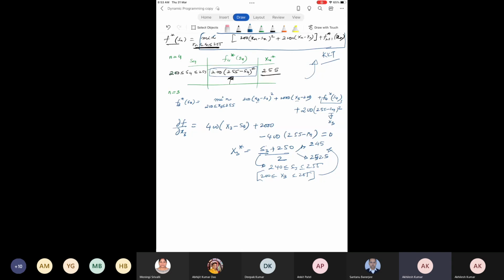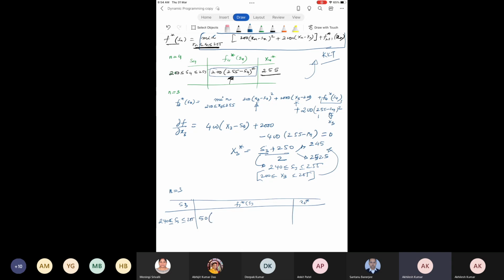Now we need to put everywhere we have x3, s3 plus 250 by 2. So the expression we will get for n equals to 3 is f3 star of s3 and x3 star. So 240 is less than or equal to S3 is less than or equal to 255.